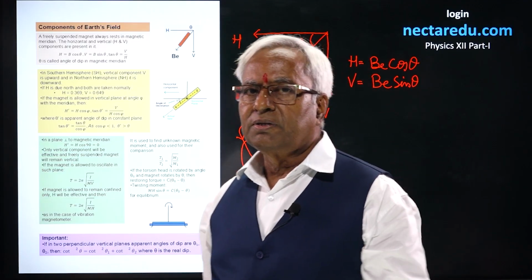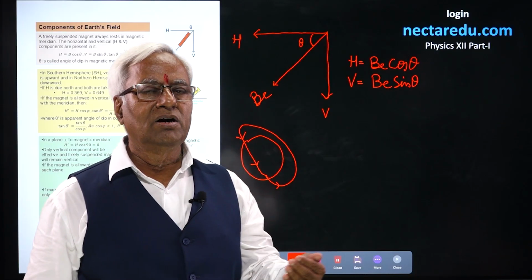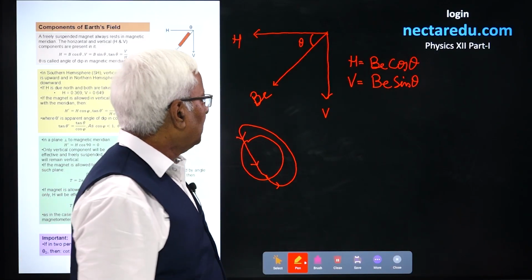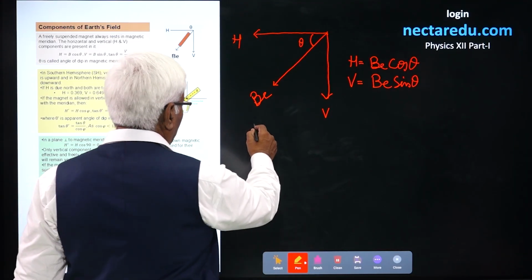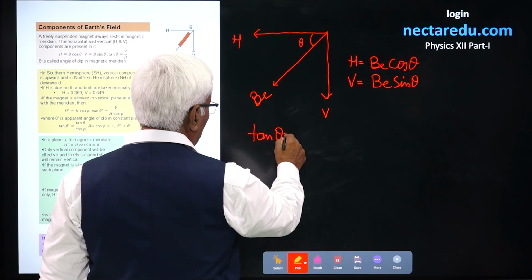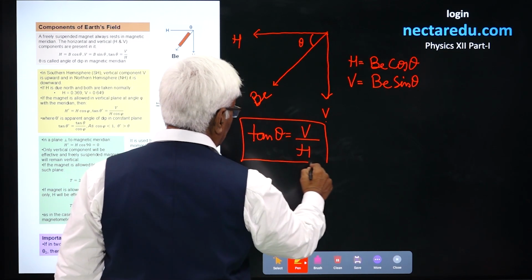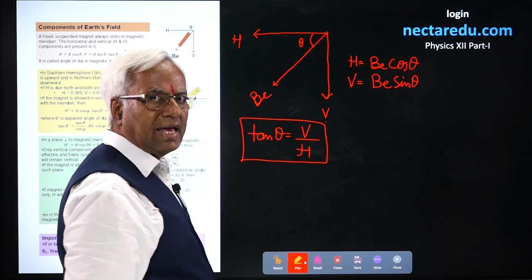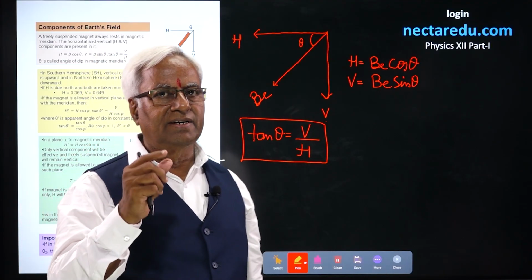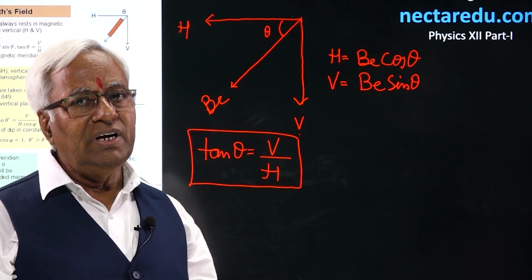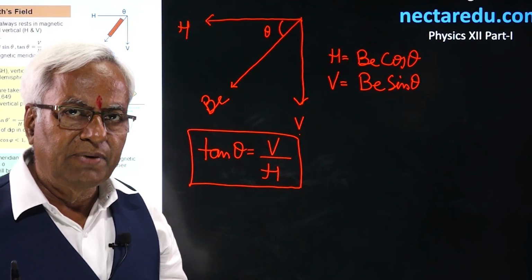We have resolved the magnetic field into two components, along horizontal and along vertical direction. If we take the ratio of the two components, you'll find tan theta equals V upon H. Here theta is the angle of dip, and this actual angle of dip will always be measured in the magnetic meridian itself, because a freely suspended magnet will always rest along the magnetic meridian.